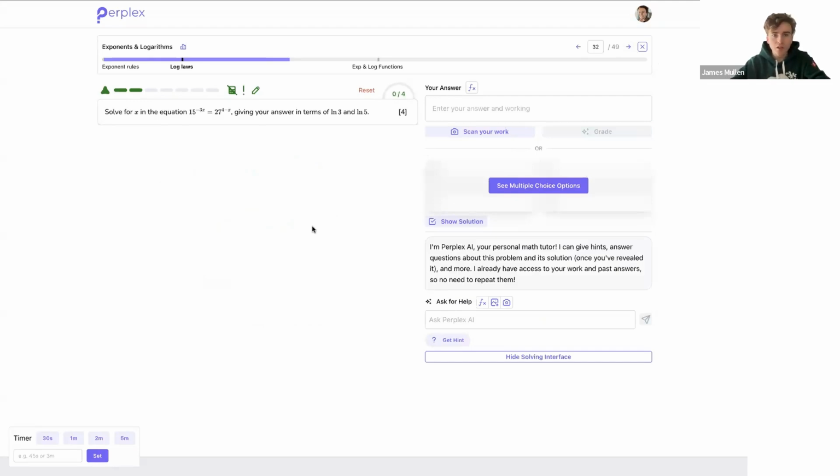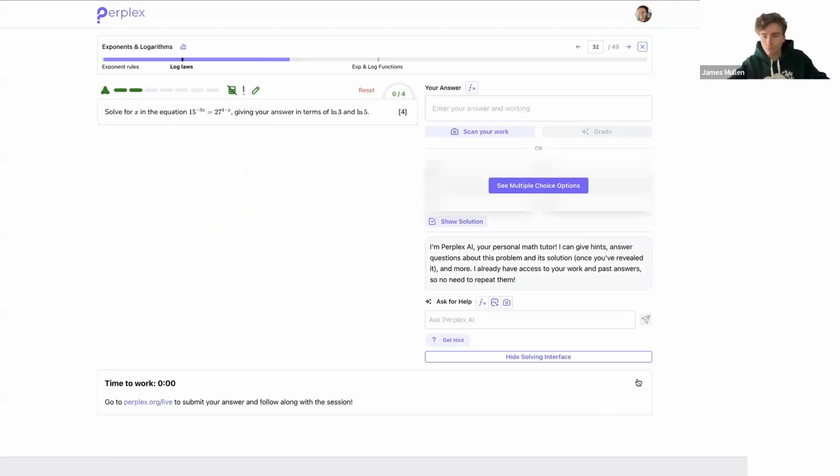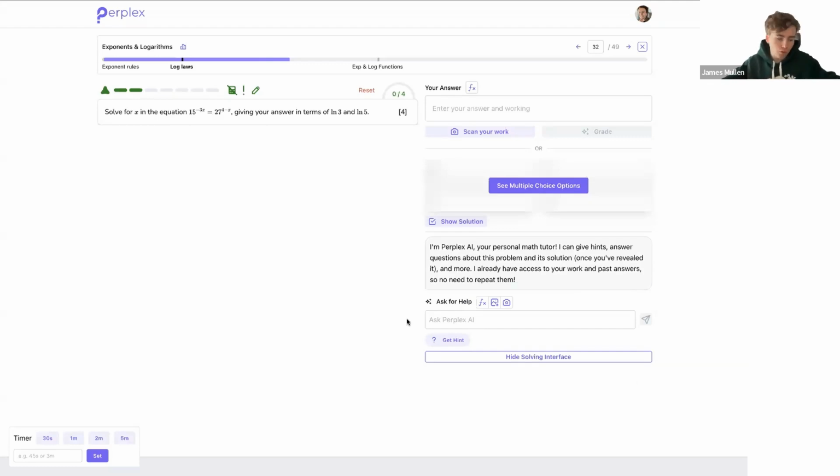I'm going to give you a minute to get started on this, and then I will solve it. Okay, let me start solving this. So I have on one side 15 to the negative 3x is equal to 27 to the power of 4 minus x. There are different ways to approach these questions when you have an exponential equation. I always think it's easiest to start by taking the log on both sides, and that's going to make it immediately clear what things we can simplify and not.